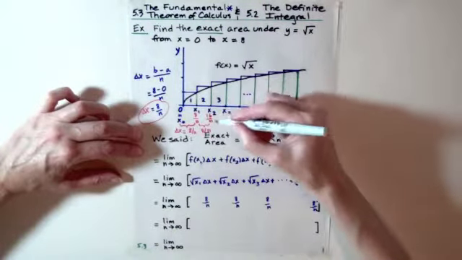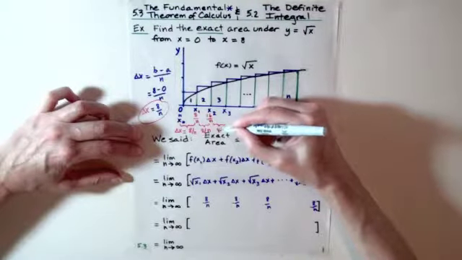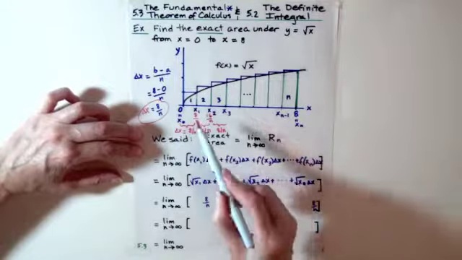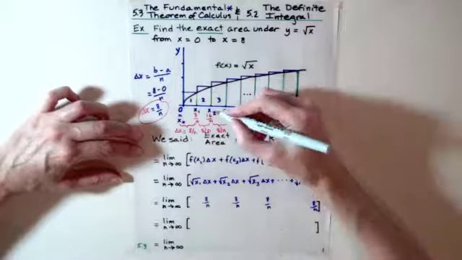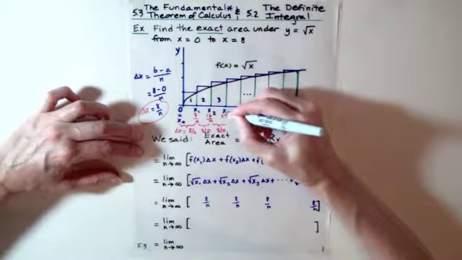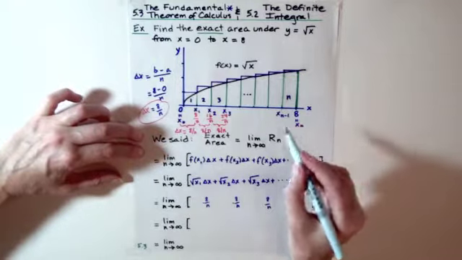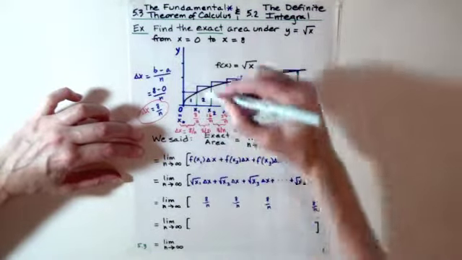And by the same token, if I move another 8 over n units to the right, another delta x units to the right, x3 would be 8 over n plus 8 over n plus 8 over n. That would be 24 over n, and so on. And it turns out that you can rewrite each of these in a little bit more convenient form.